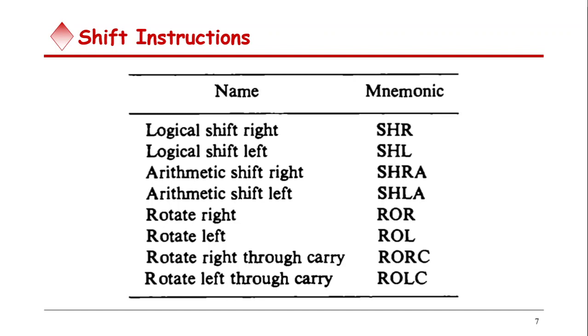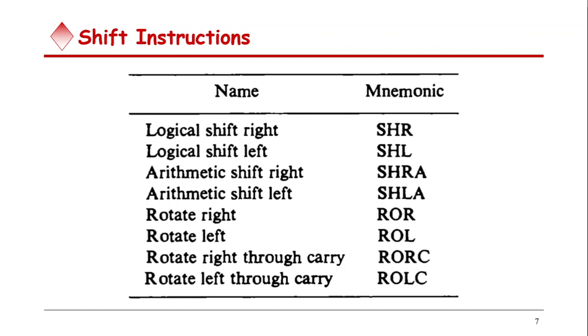Shifts are operations in which the bits of a word are moved to the left or right. The bit shifted in at the end of the word determines the type of shift used. Shift instructions may specify either a logical or arithmetic shift or a rotate type operation.